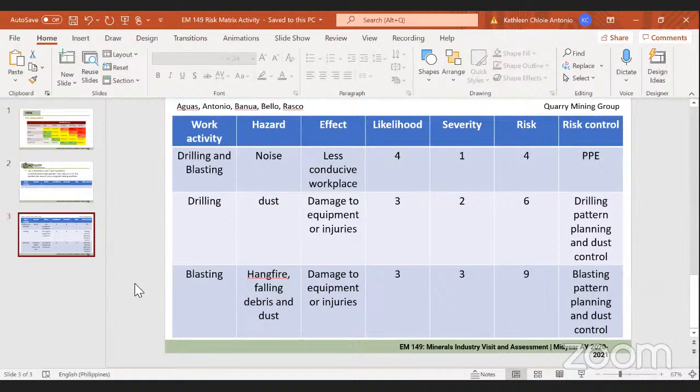Okay? So very important ang drilling pattern, planning for both the drilling and blasting, and pati ang dust control. Ayan. Okay, sige. So, thank you very much sa Quarry Group and good job sa tatlong groups.